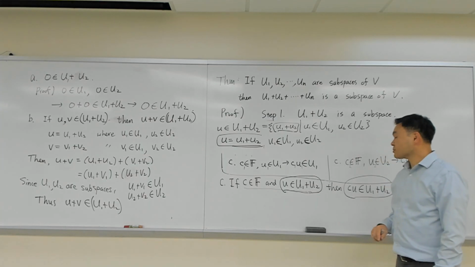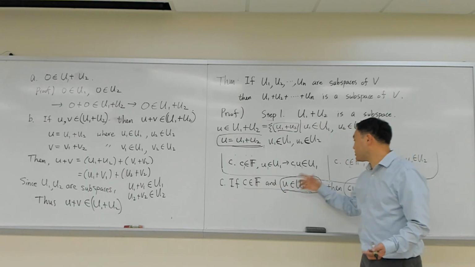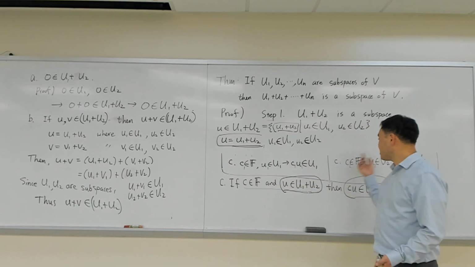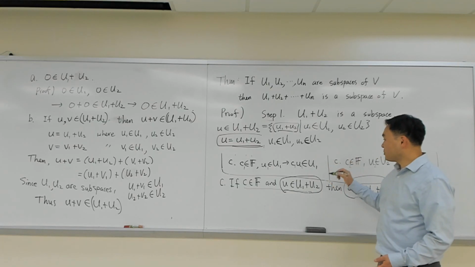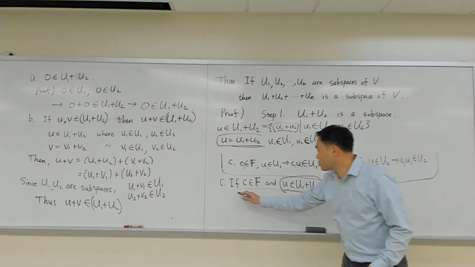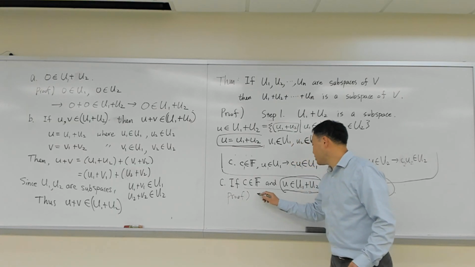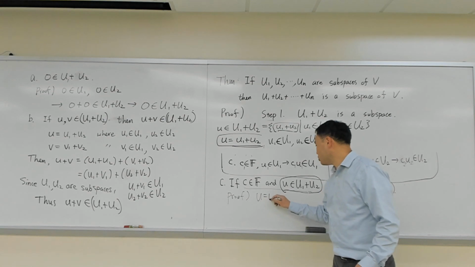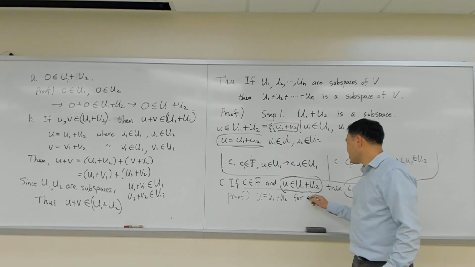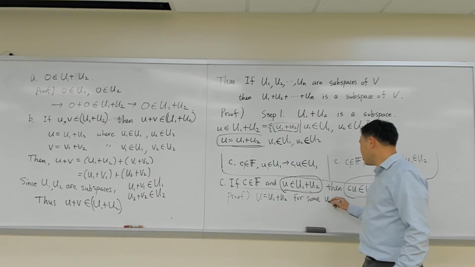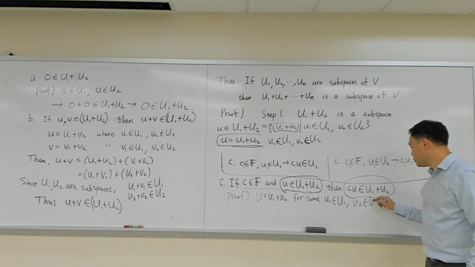Okay. And then everything else is kind of clear, like c being in F, that's clear. So let's just keep going. Let's prove this statement. Proof. u is equal to u1 plus u2 for some u1 in U1 and u2 in U2.